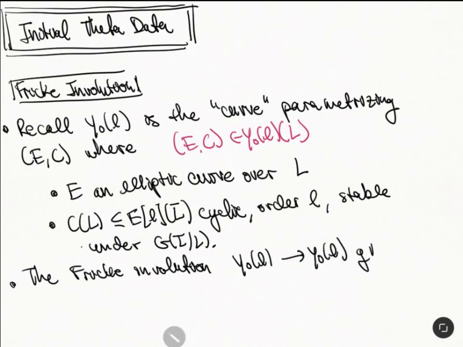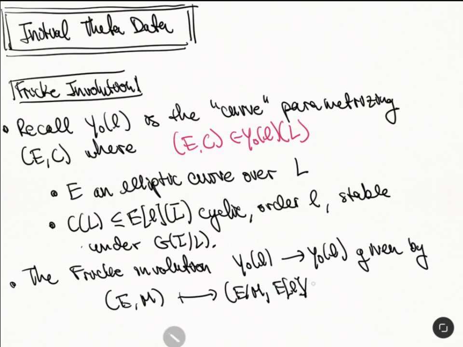It's given by (E, M) maps to (E mod M), taking the torsion mod out by M, and this is going to be defined to be equal to (E underline, M underline). Okay, so this is the Fricke involution.